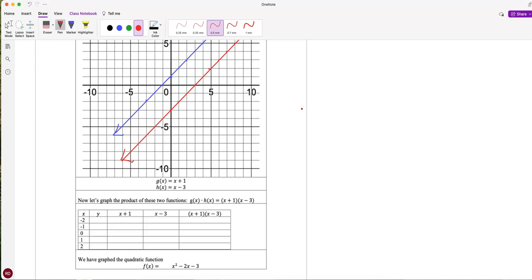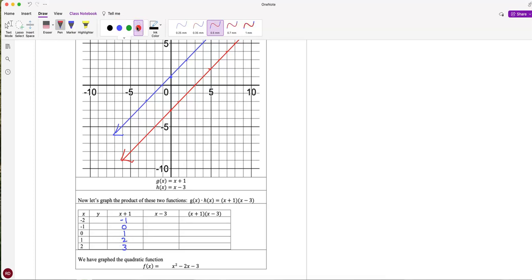If I plug in a negative 2 to the first one, negative 2 plus 1, I get negative 1. If I plug in a negative 1, I get 0. Plug in a 0, I get 1. Plug in a 1, I get 2. Plug in a 2, I get 3.